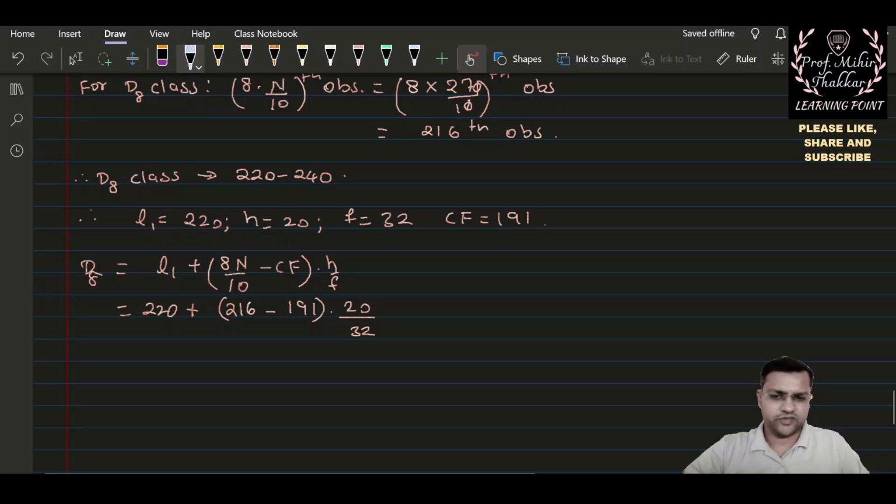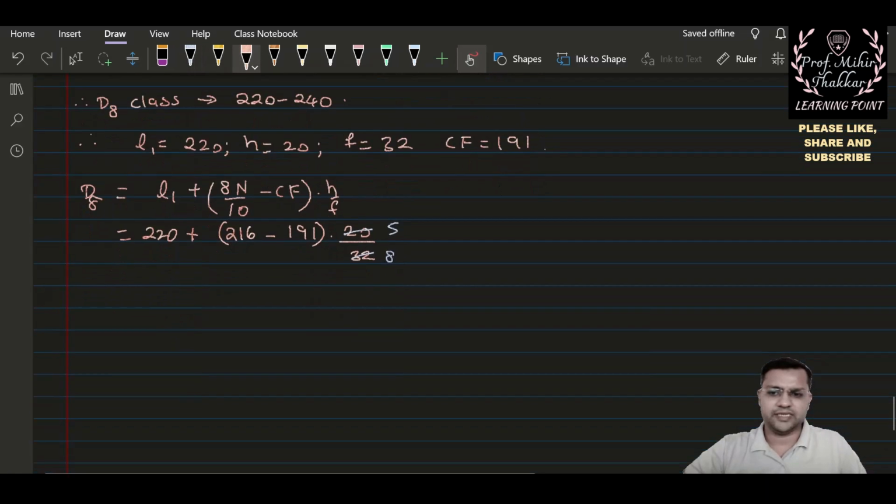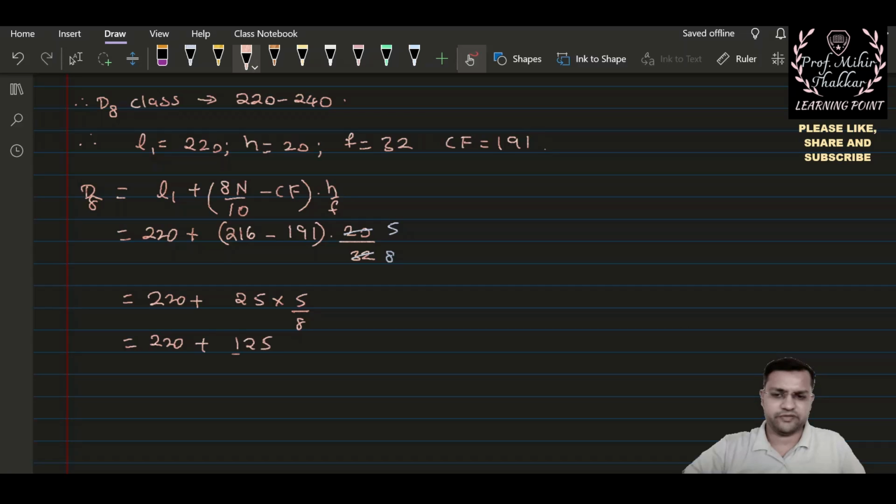If you cancel off both values by 4, you will get 5 upon 8. So this is equal to 220 plus 25 multiplied by 5 upon 8. So 25 into 5 is 125, and 125 divided by 8 is equal to 15.62.